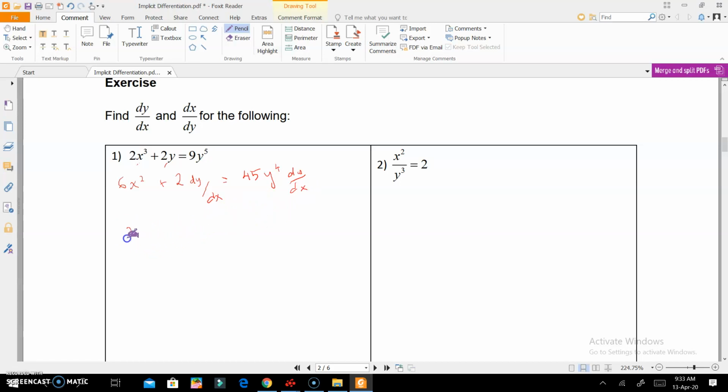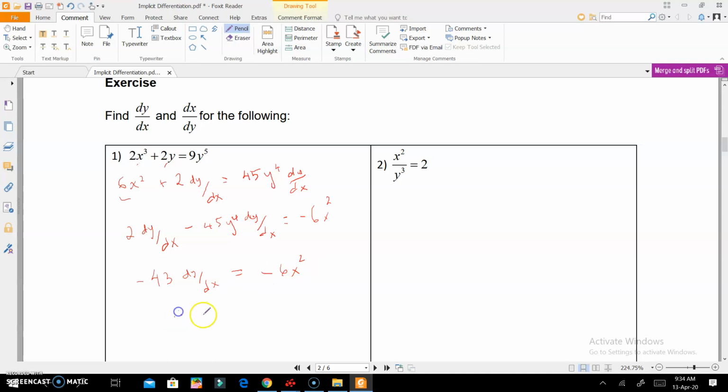So you are going to get 2 dy over dx minus 45y to the power of 4 dy dx equals, bring the negative 6 to the other side, negative 6x to the power of 2. Here 2 minus 45, you are going to get negative 43 dy dx equals negative 6x to the power of 2.